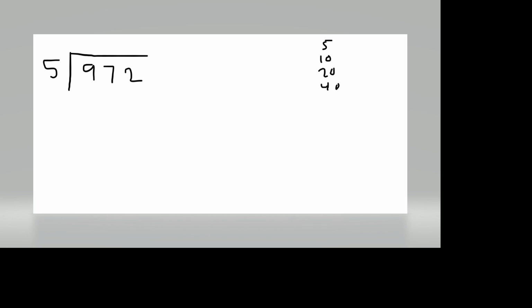So it kind of exponentially just helps us out here, which is great. So double 40 is 80, and then 160, and then 320, and then 640. And I cannot double this or else it'll go over 972, so we're not going to do that.